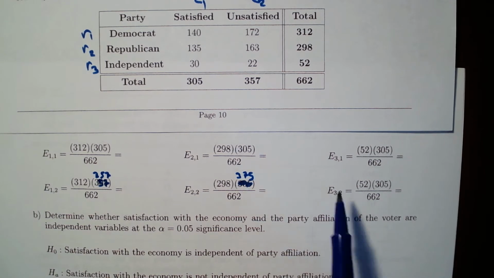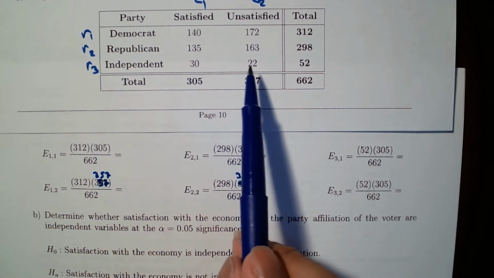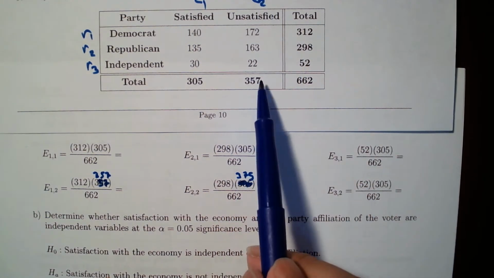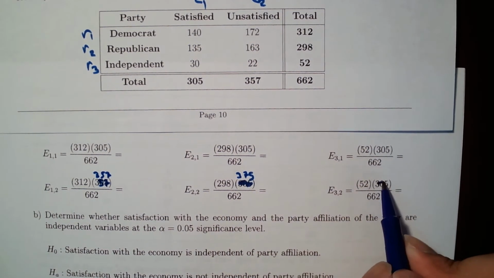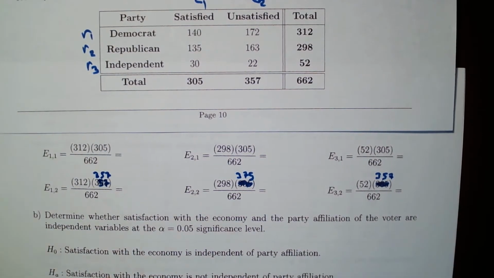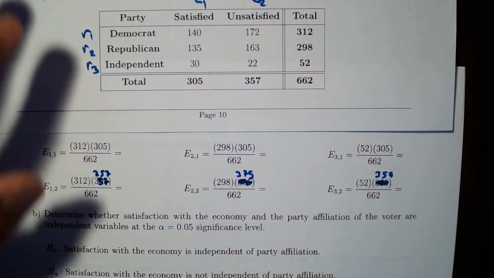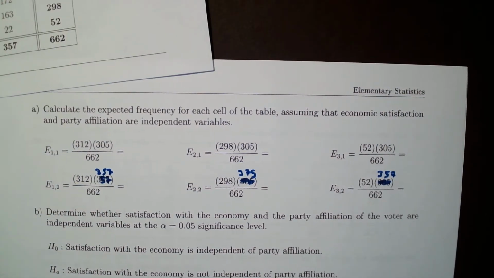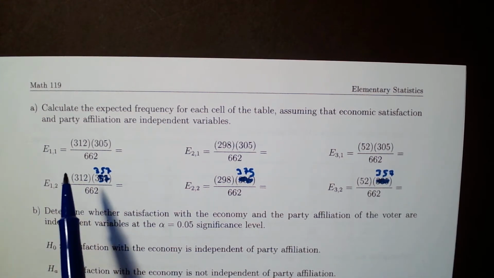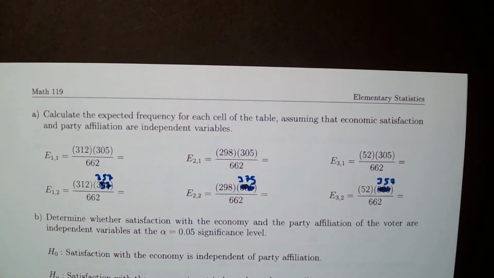Row 3 column 2: the total of row 3, which is 52, times the total of column 2, which is 357, and then divide by the total number of observations. I'm just going to give you the answers, but if you want to, pause the video and perform these calculations on your own.